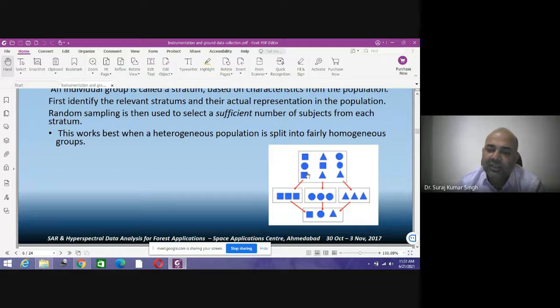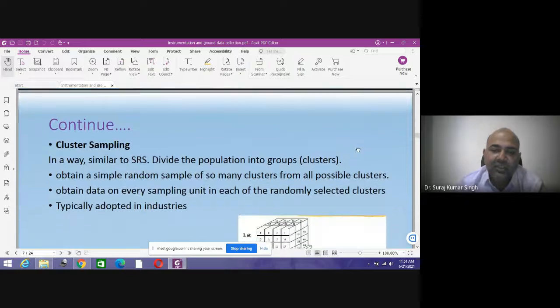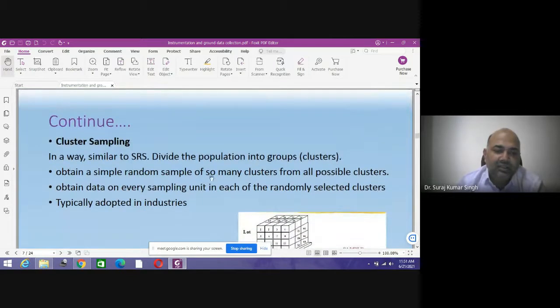You have three rectangles, three circles, and three squares, and from these we'll be selecting one from each. That is known as stratified sampling.